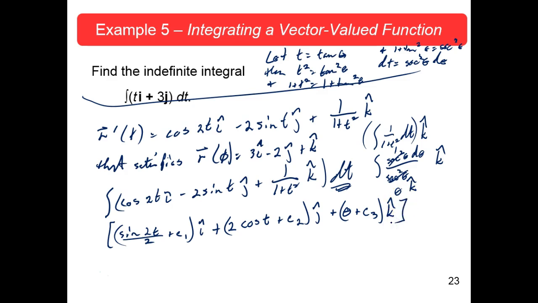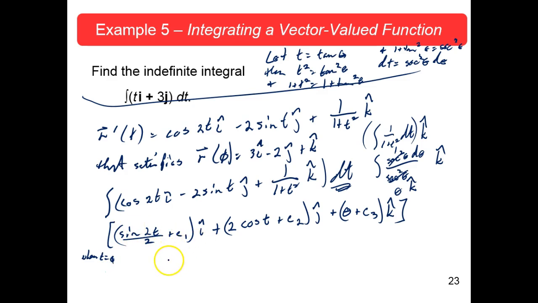Now, since we don't have limits on it, what we do know from here is that when t is equal to 0, your r is 3i plus minus 2j plus k. So we're going to plug in a 0 here. When t is equal to 0, what is sine of 0? 0.